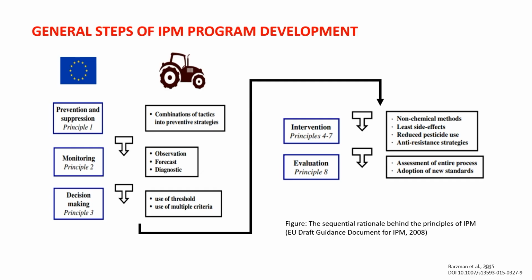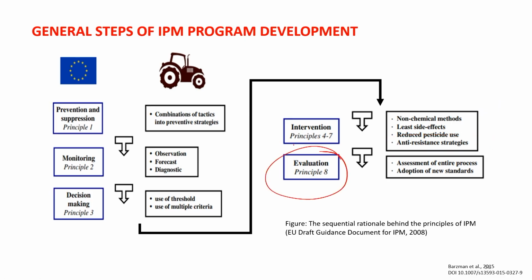Then we have principles 4 to 7 which mostly deal with the intervention. Non-chemical methods are the most preferred, then using agents which have the least side effects, then reduced pesticide use and anti-resistance strategy. Biopesticides may also develop some kind of resistance in the long run, so that also has to be taken into account.